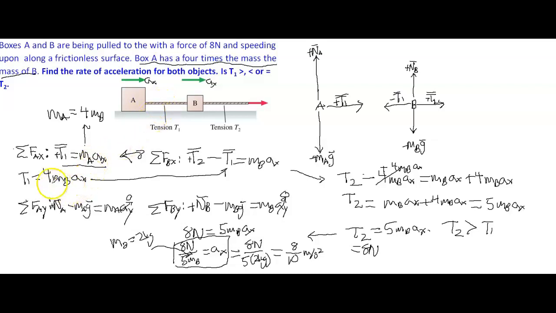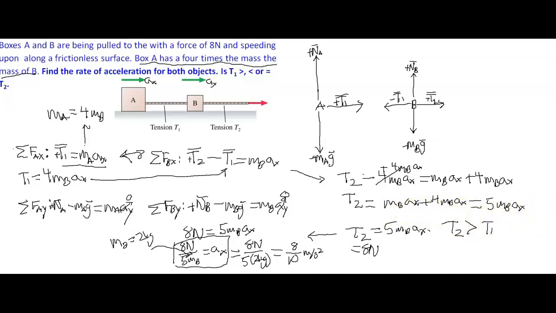So that's the reason why tension 1 is equal to block A's inertia, mass times acceleration. Well, tension 2 is equal to block A's inertia plus block B's inertia, to total 5.